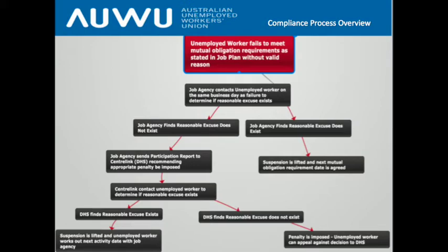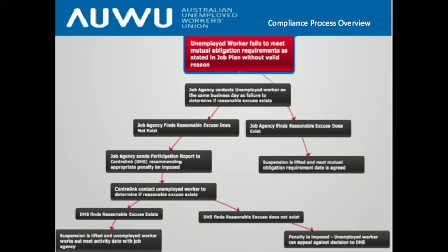And a reasonable excuse is defined quite vaguely by the deeds and the guidelines. It's essentially what a normal member of the public would accept as a reasonable excuse. So it's very, very vague, and there's a lot of discretion there for job agencies to determine whether or not they think it's a reasonable excuse.